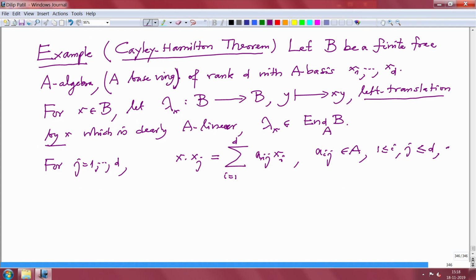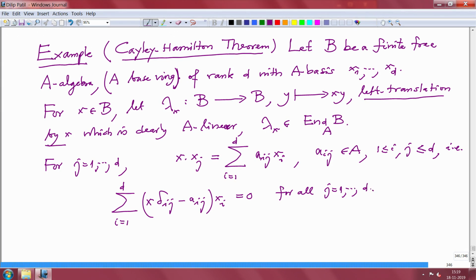The summation over i from 1 to d of (x delta ij minus aij) multiplied by xi is 0 for all j from 1 to d.